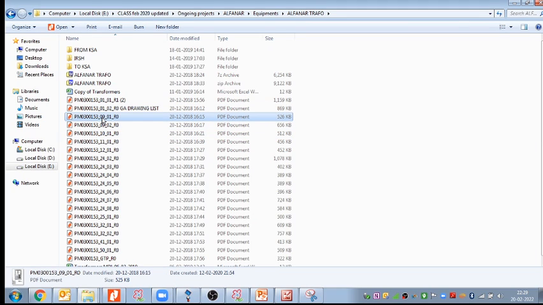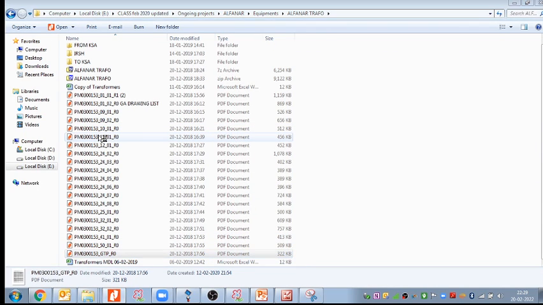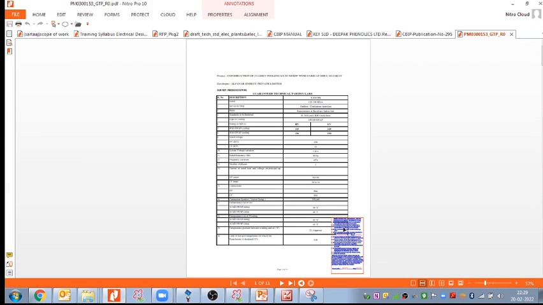Where is the GTP? Yeah, here we have the GTP. Yeah, so we can open it. Let me delete the approval stamp.